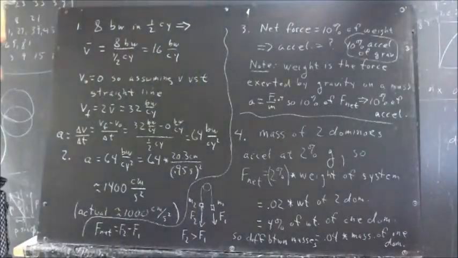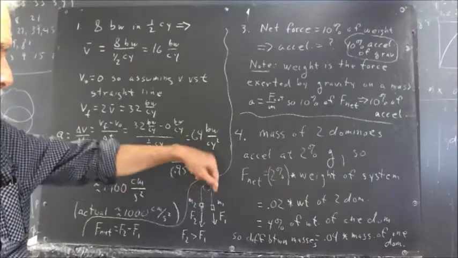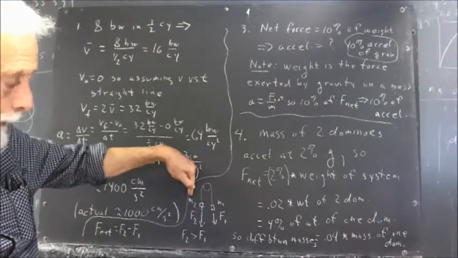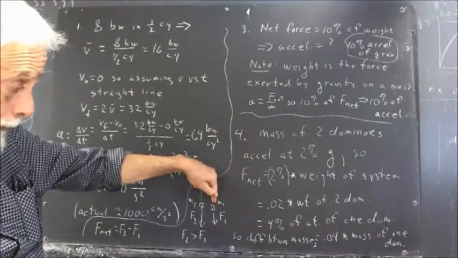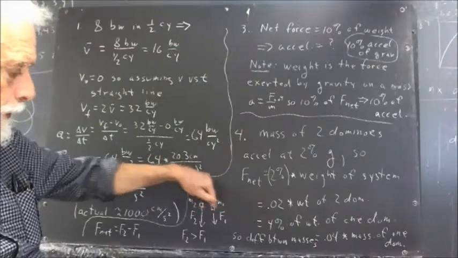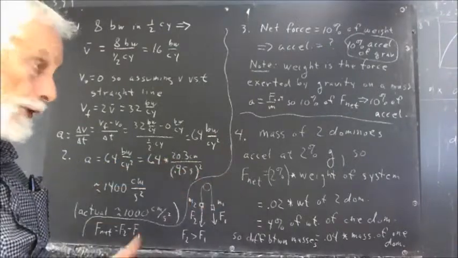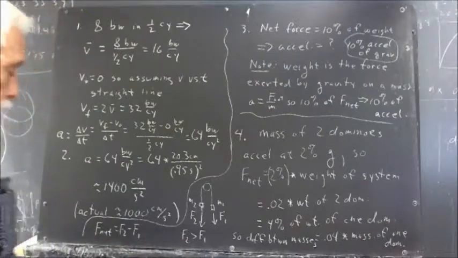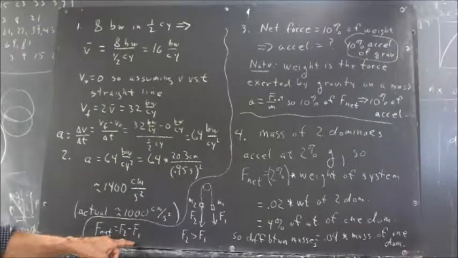Now, the net force, if we label this diagram a little bit, hopefully you can read this. We've got M2 here for the mass of this domino, M1 for the mass of this domino, F2 and F1 for the forces exerted on these dominoes by gravity. So we have F2 greater than F1, and the net force is F2 minus F1.